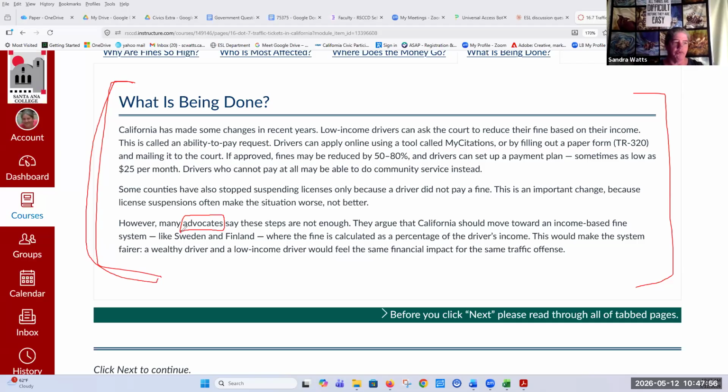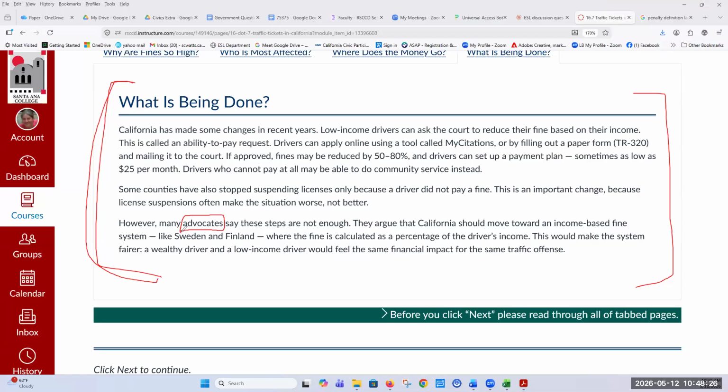So they say California should work to get to this income-based system where we just look at how much money people make and make the fine a percent. So whatever your salary is, it's just 3% of your salary that month, and that's your ticket. That way, wealthy people and poor people are basically paying the same thing because it's based on how much money they have.